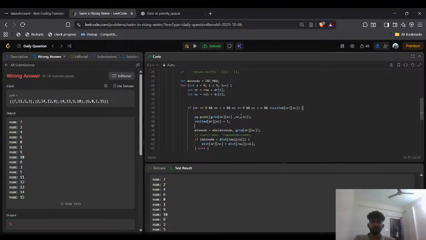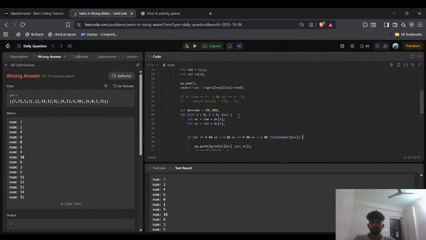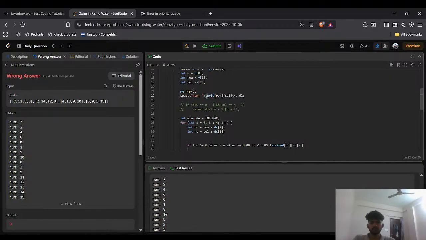We should print num with distance. This is a num, and we can say this is the distance, D. This will be okay.